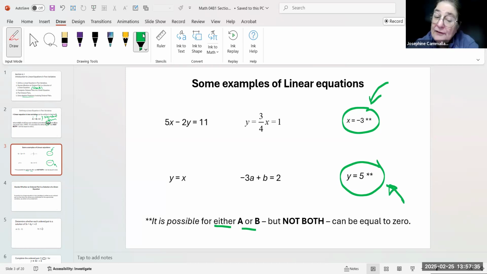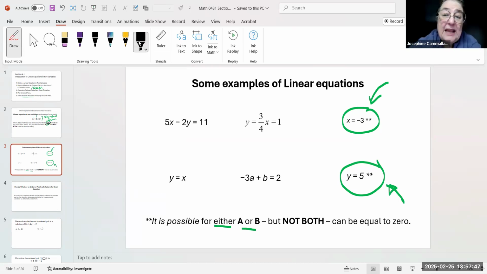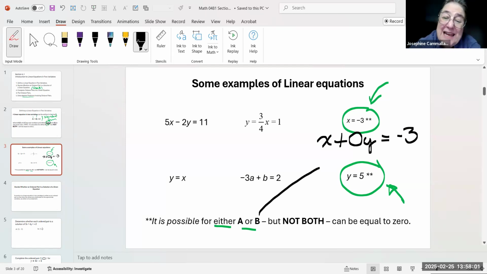But we have to remember that there is a zero term present, such as for the x equals -3, this is really the equation x plus 0y equals -3. This b term is 0.